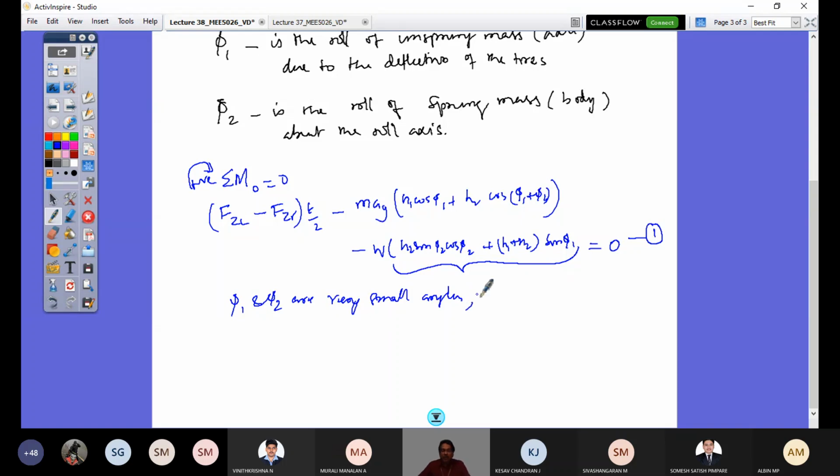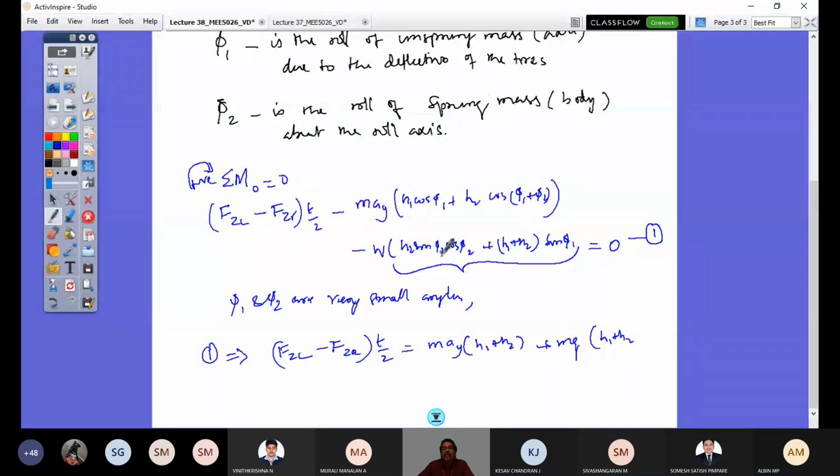Then equation 1 becomes: F is at L minus F is at R into T by 2 equals, here this is all modified as MAY, minus 2, I'm taking to the other side to become positive, H1 plus H2, plus NG into H1 plus H2.